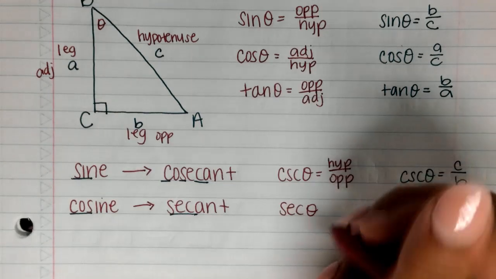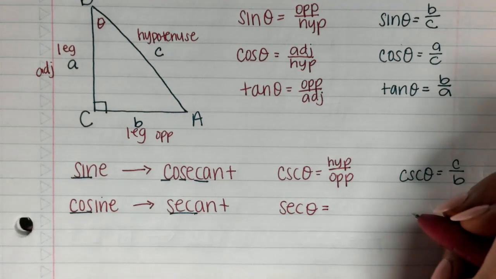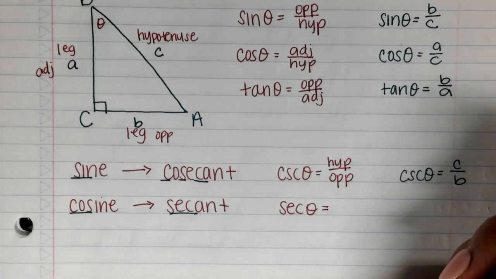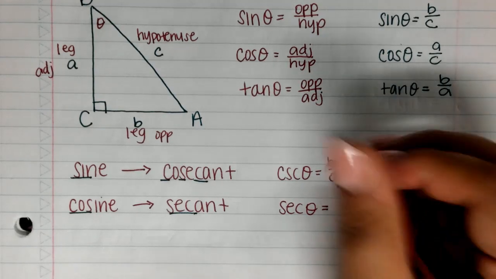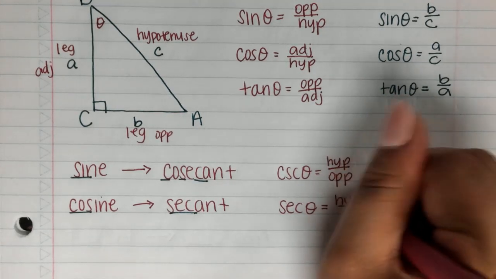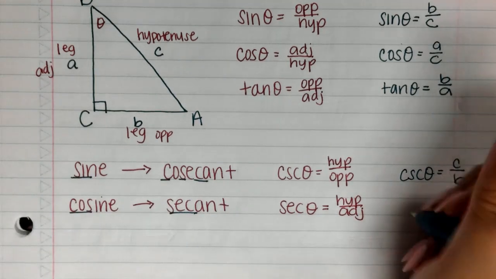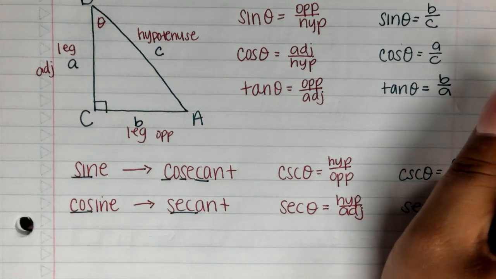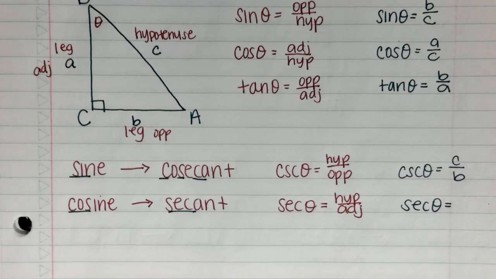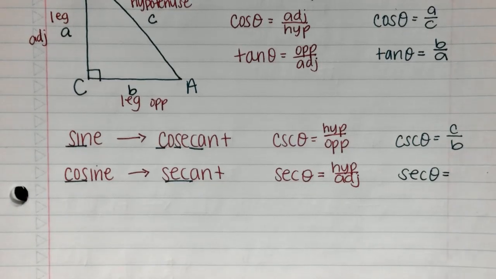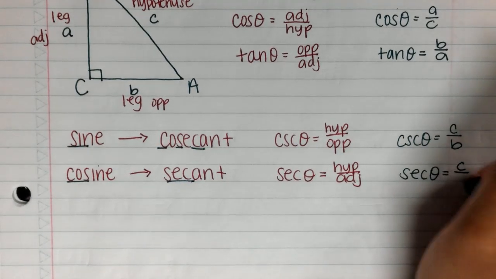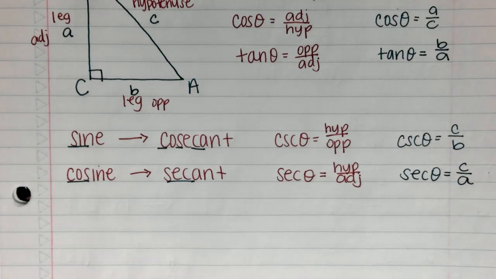What does the secant of theta equal? How do we find it? Hypotenuse over adjacent. And in this case, that would be C over A.